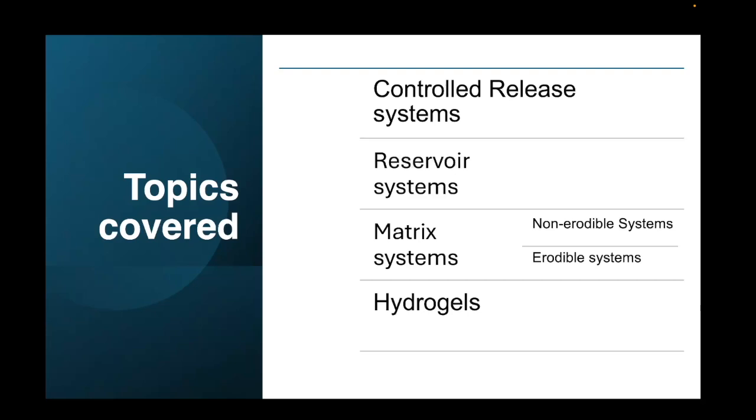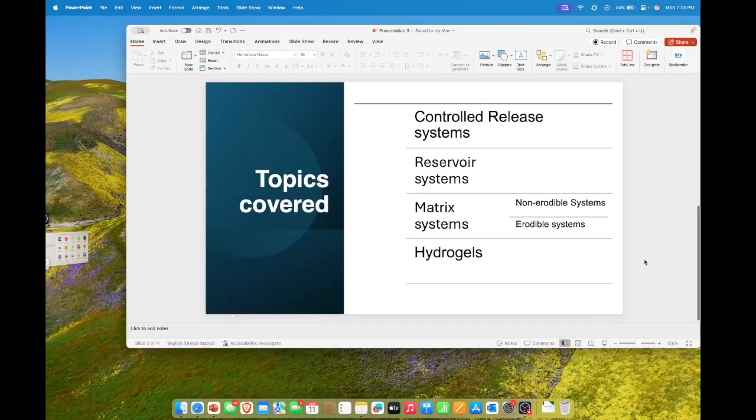Hydrogels are 3D networks of hydrophilic polymers which hold a large amount of water to mimic the extracellular matrix.